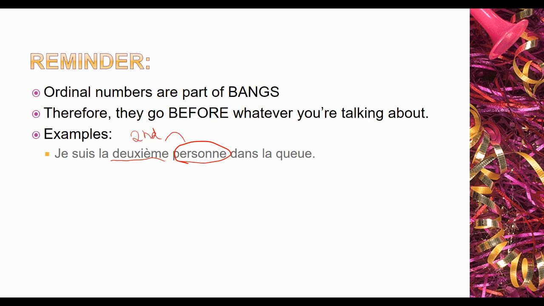This is going before the person. Remember how we said car red or house white? Well, remember, BANGS is where we actually do it kind of like English, where we say white house and red car, okay? So again, numbers go before. You don't say personne deuxième. Nope. You say deuxième personne, just like we would in English. I am the second person in line.